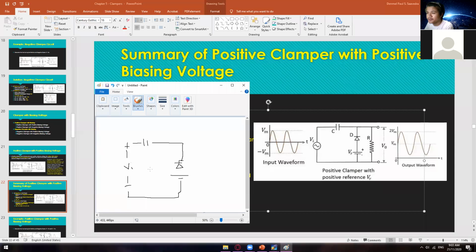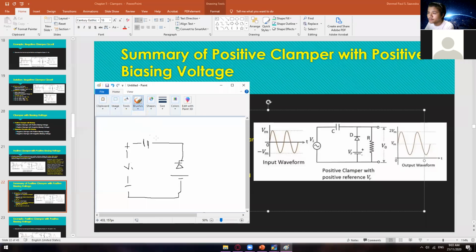Such an ugly drawing. Anyway, just imagine that this is the perfect drawing for this example. So during the positive, wherein V sub I is greater than V sub R, we'll be having a closed circuit. Or, no. Let's start with this one first.